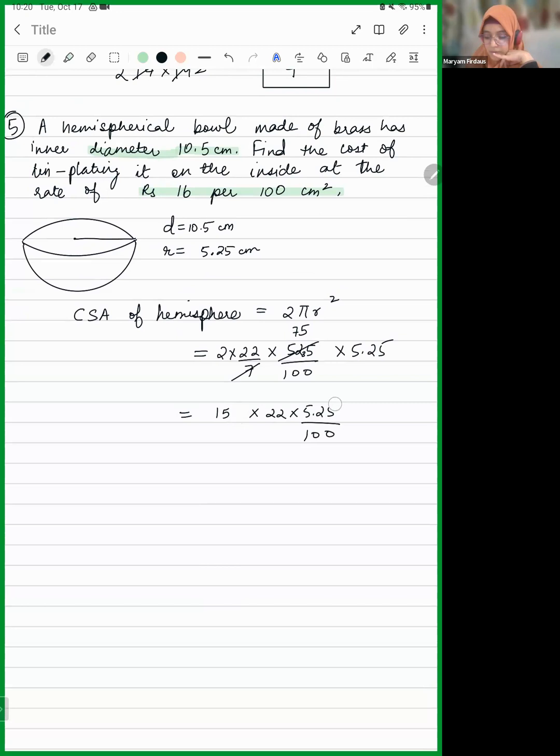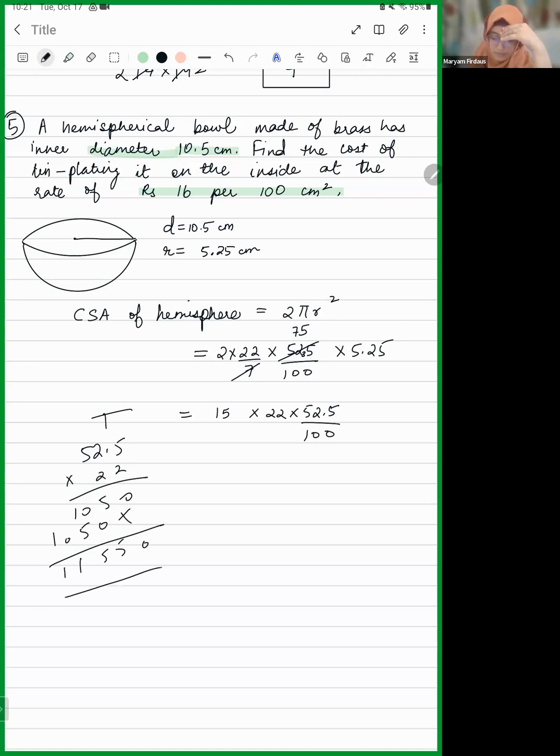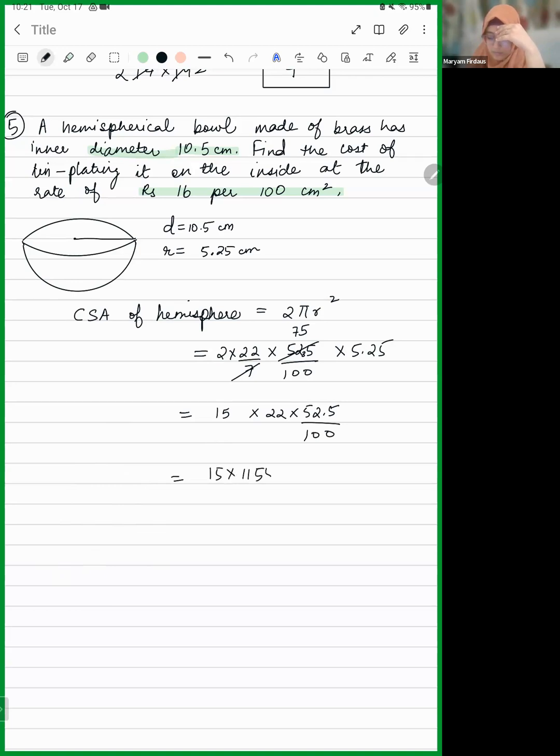Ma'am, 173.25. Yes, ma'am. Acha. That's the CSA of the hemisphere. 173.25 centimeters square.